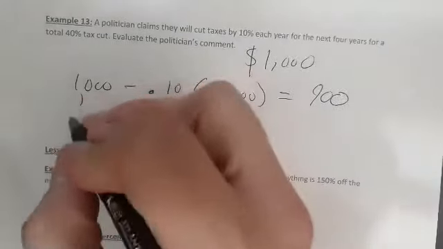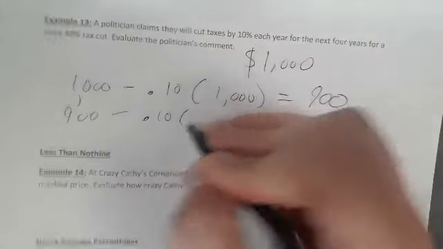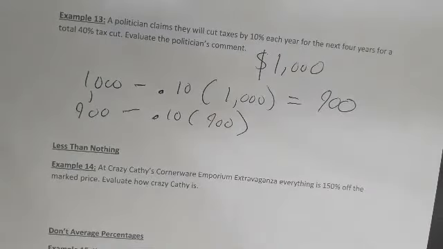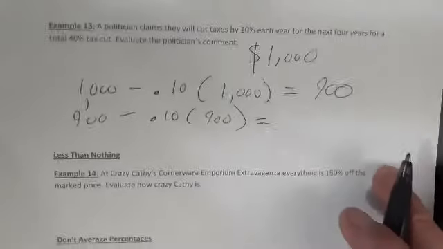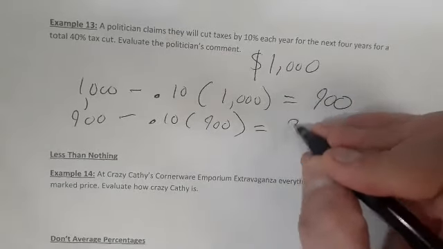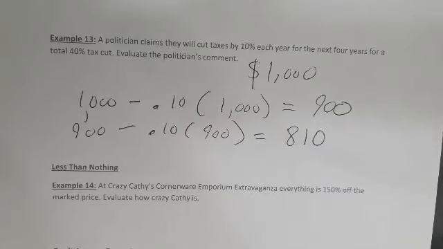The second year, I have 900, and I'm reducing it by 10% of 900. So 10% of 900 is 90, and 900 minus 90 gives me 810.